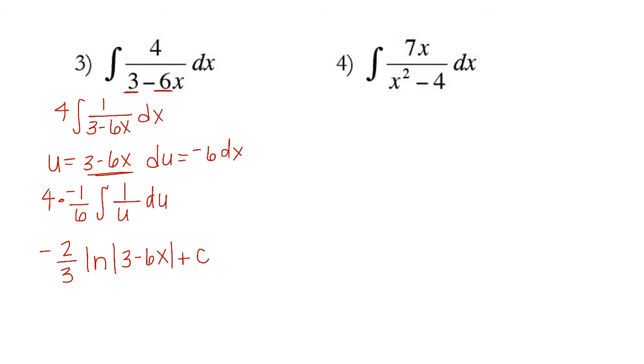And again, the process is really the same over and over. Again, we can move 7 out to the front. And we do have x over x squared minus 4 dx. Now, be careful, you can't cancel the x in the numerator with the x squared in the denominator. But since this is an x squared, I would go ahead with our u substitution just to see what works out.